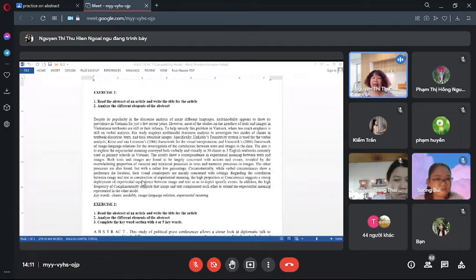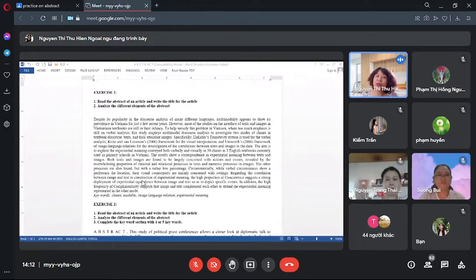Okay, and then you have to find out the method or the design of the research in order to put it in as the key element or the compulsory element in the title, right? And you may find out the population or the content after you read the abstract, right? So those are the key elements for you to find out in the abstract and to put into the title.